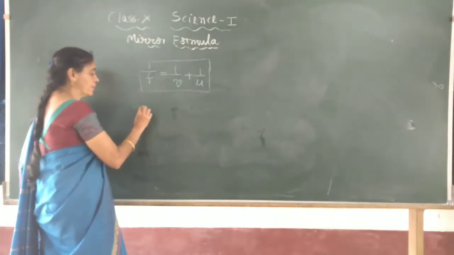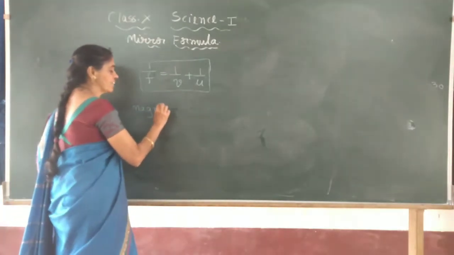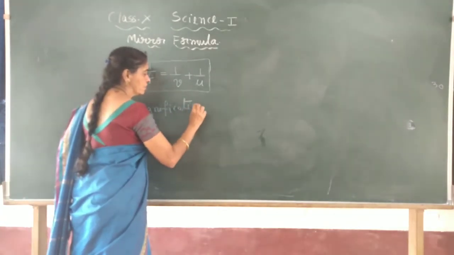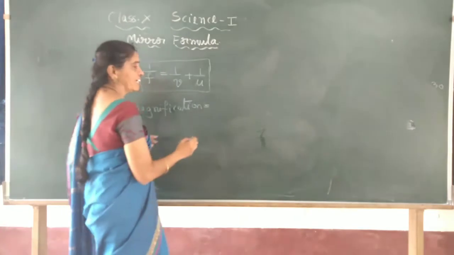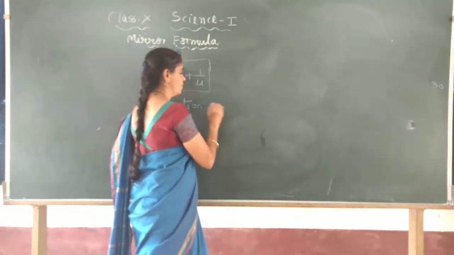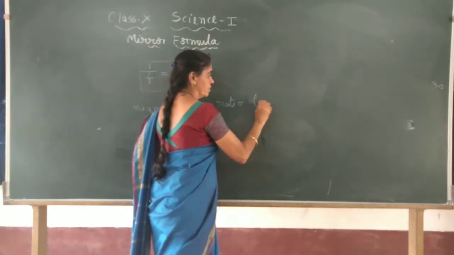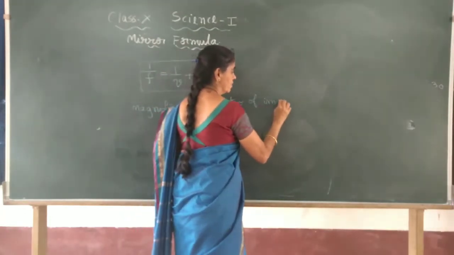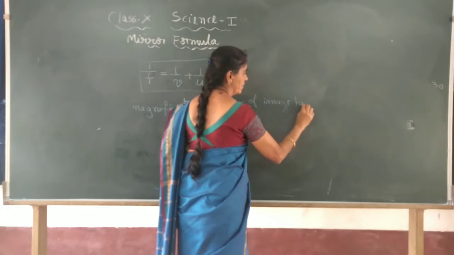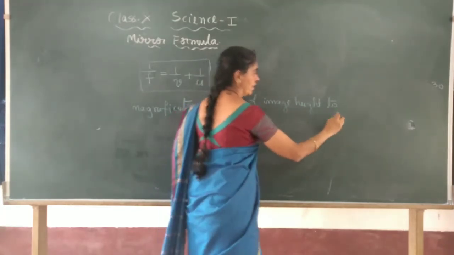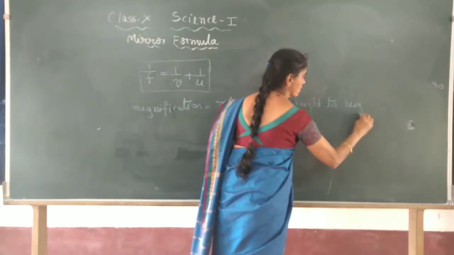And it is followed by another formula, which is related to magnification. Magnification is the ratio of the height of the image to the height of the object.